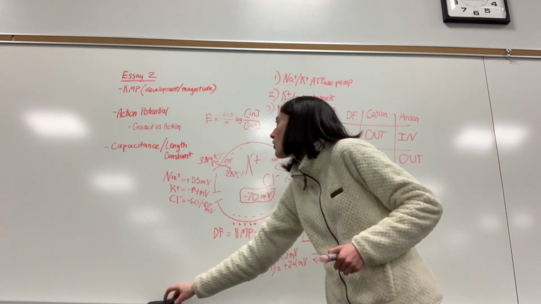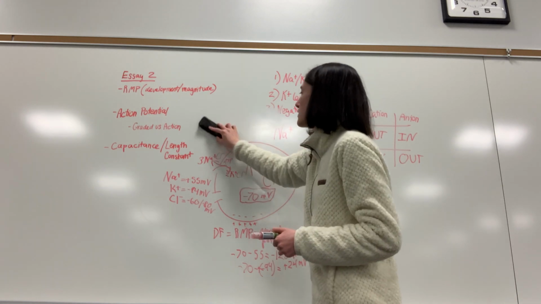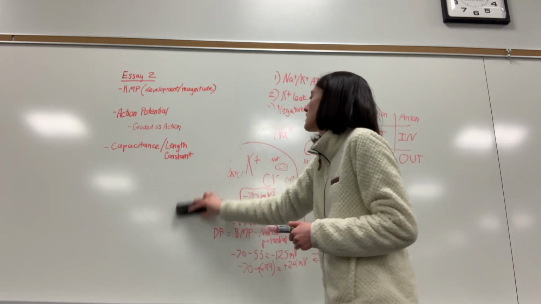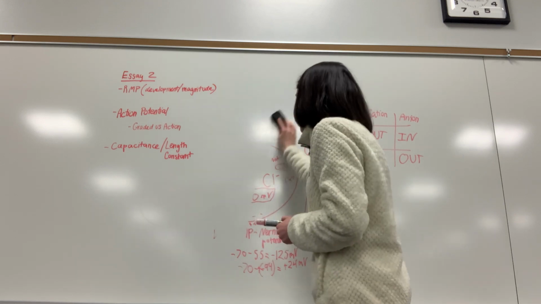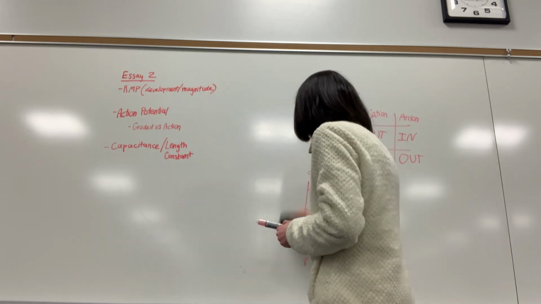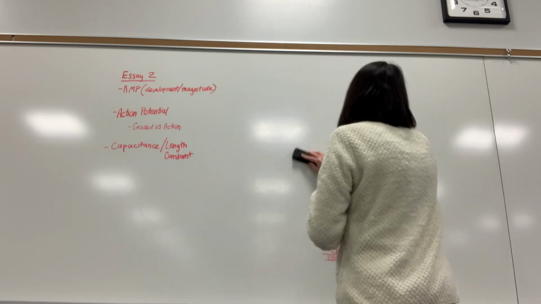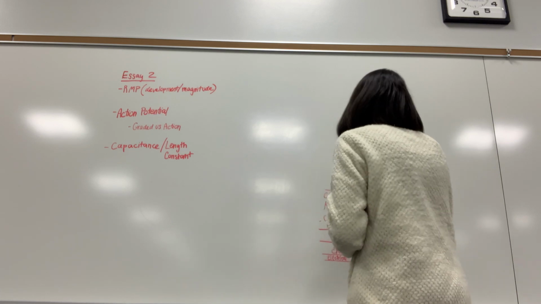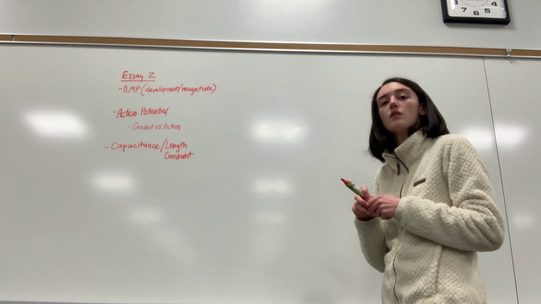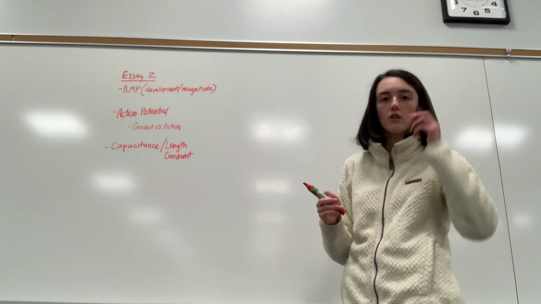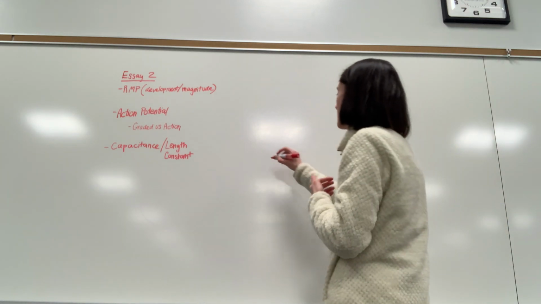Now I'm going to switch gears and talk about action potentials and how they happen, specifically in neurons. So we can represent an action potential with a graph.